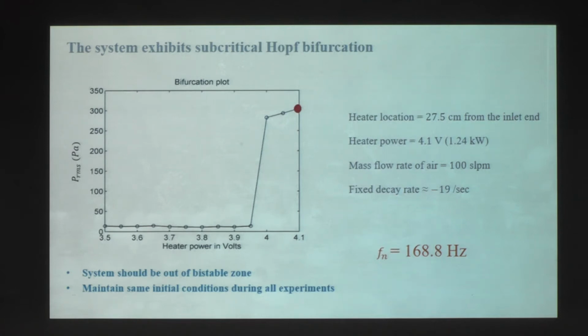Because during the experiment, when we are changing only forcing parameters, either forcing amplitude or forcing frequency, we should not get into this zone, where the stability depends on the initial condition. Once it goes into the steady state, it may not come back to the oscillatory state. So we are setting the system further away from the bistable zone in the LCO regime, and we are only changing the forcing parameters. For this particular experimental setup, the natural frequency is 168.8 Hertz.